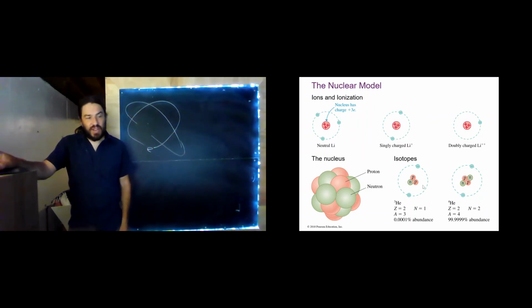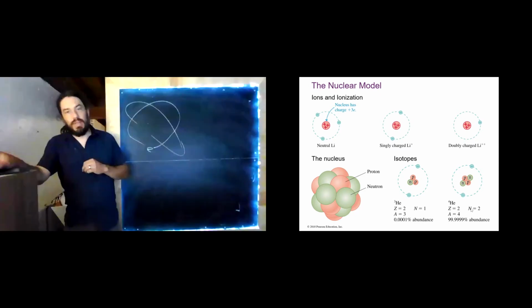And then, of course, isotopes are different numbers of neutrons, but the same number of protons. So here we see helium-3. It has a Z of 2, so that means it has 2 protons. It has an A of 3. That's its mass number, so its mass number is 3. 3 minus 2 is 1. Here we see helium-4. It has a mass number of 4, 2 protons, which means it must have 2 neutrons.